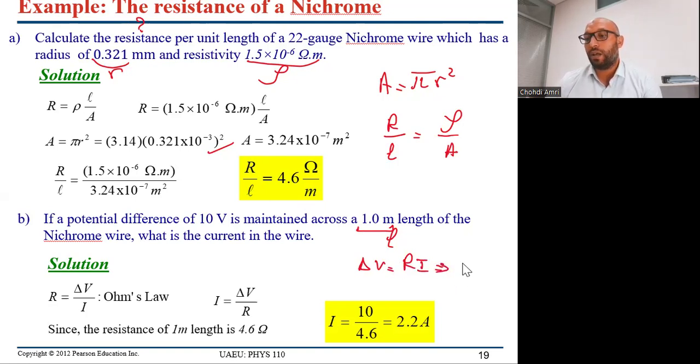So the current is I equal delta V over R. However, we don't have R, but we have R over L. In our case, L is equal to 1, so R over L equals 4.6 ohm. That means the current is 10 divided by 4.6, which is equivalent to 2.2 ampere. We are done.